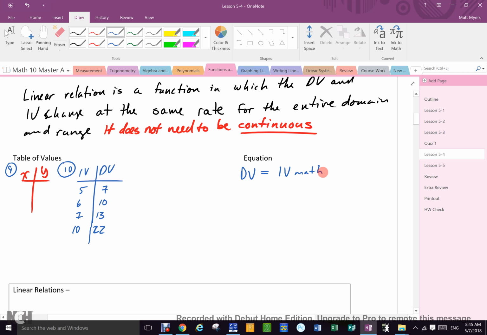Always. All right? So you learned in grade 9, dependent variables were y, independent variables were x, and then you did some math to the x, right? Let's say you did this, 2x plus 3.